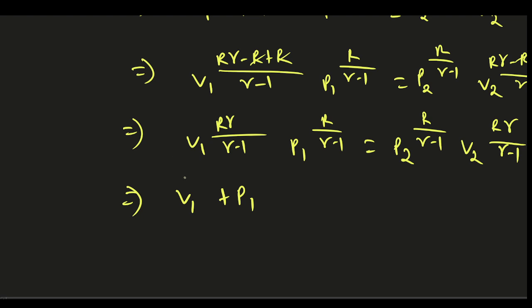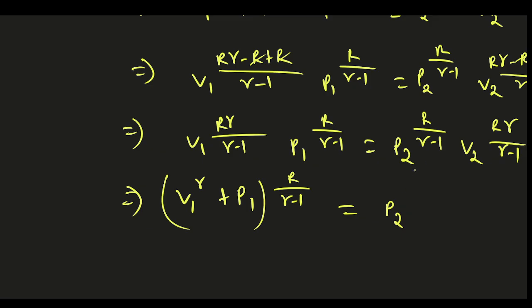So I'm taking gamma common here, then this will become R gamma minus 1, because here also R gamma minus 1 is there. So I'm taking R gamma minus 1 as common. Similarly for P2 V2 gamma, taking R gamma minus 1, so both sides this is there, so I can cancel it.